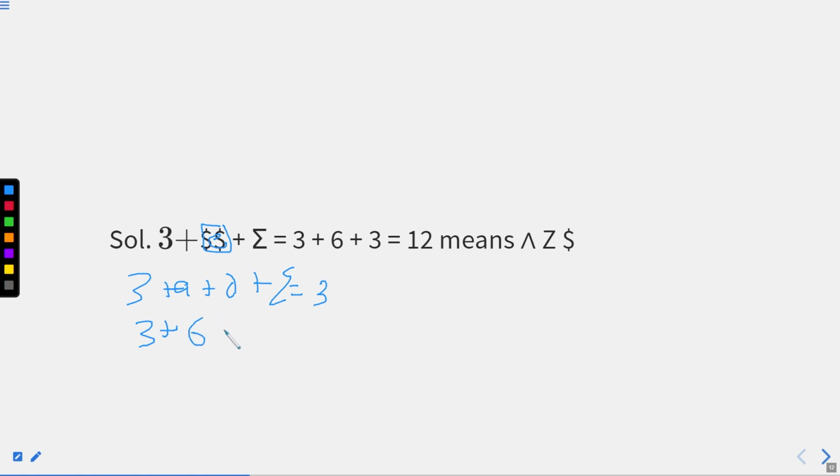And on the place of delta, we are having 3. These are the 3 values that we are getting. On the place of these 3. For A, we are getting this. For delta, we are getting 6. For epsilon, we are getting 3. Eventually, while making sum, we are getting 12. Right? I hope you got the answer.